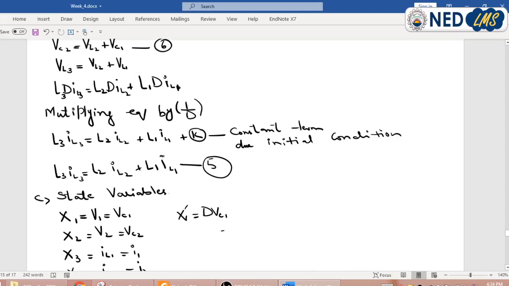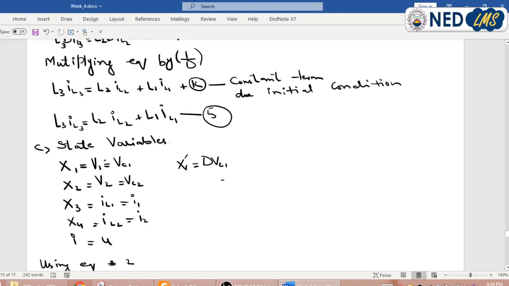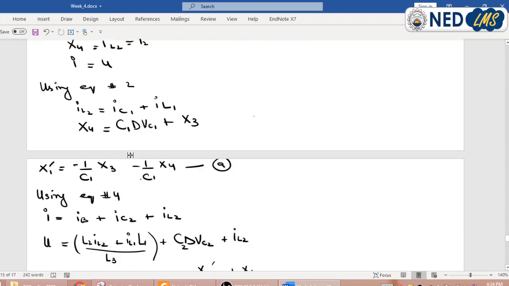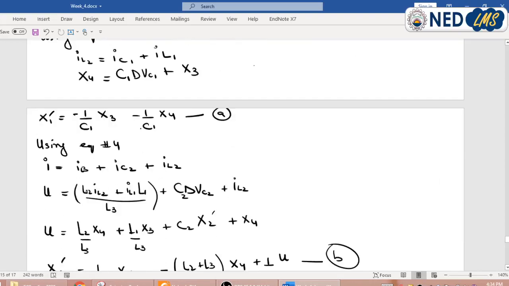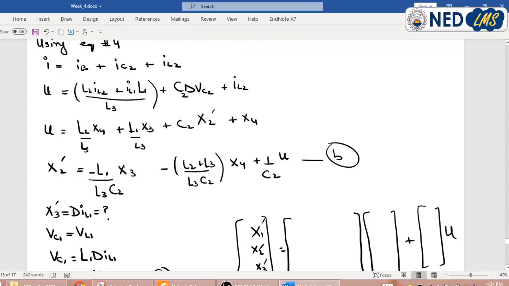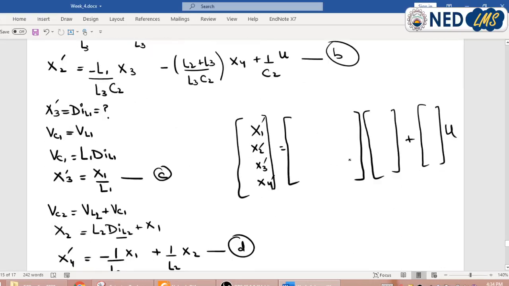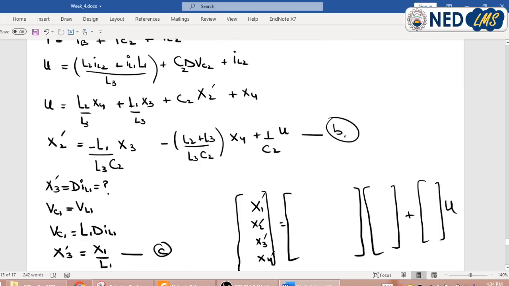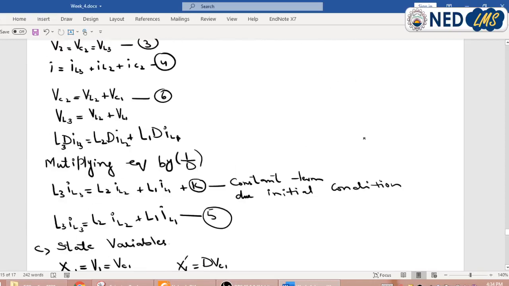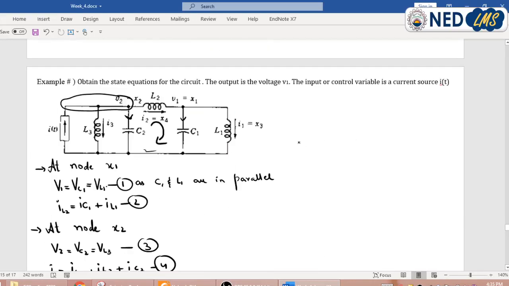So not all three are state variables. So we selected the 4 state variables here, and we use these equations to find x1 dash, x2 dash, x3 dash and x4 dash, and this can be written in the form of state space representation. So this is the last example of this electrical system.